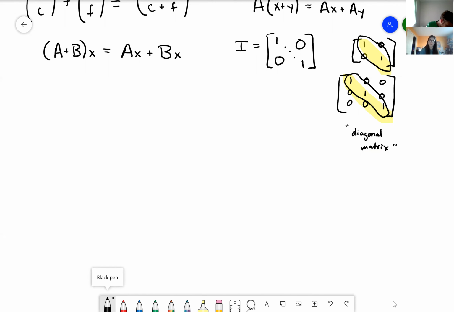Now, let's use the notation of matrices and vectors to organize our system of linear first order ODEs as a matrix vector equation.